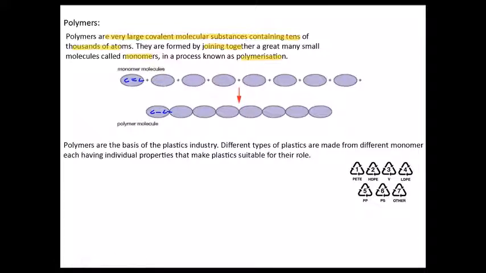So a monomer will have a carbon-to-carbon double bond. Each single monomer has a carbon-to-carbon double bond, and then the polymer, this arrow going and creating a polymer, will have carbon-to-carbon single bonds strung along like a big string. Hope that makes sense.